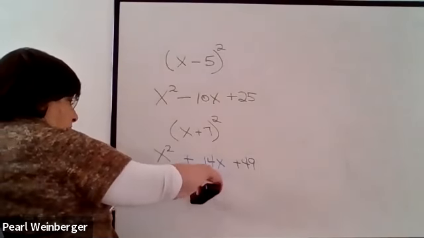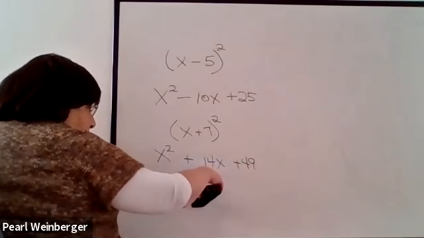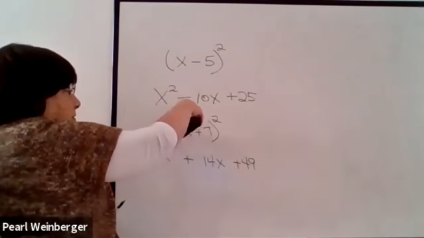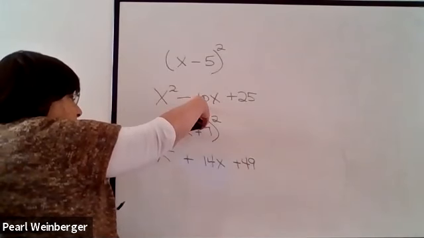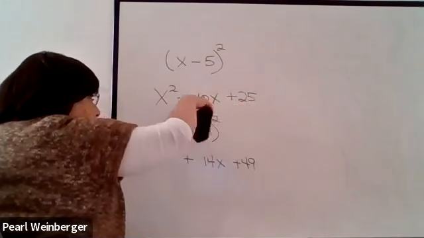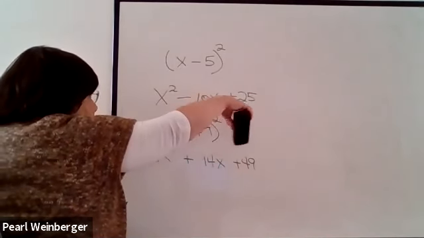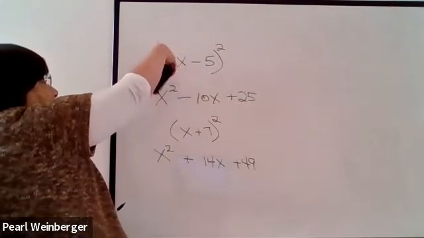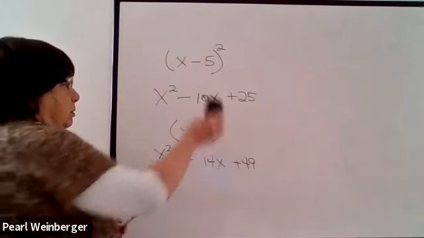If I see this 14, I know that the last number has to be half of that, which is 7 times itself, 49. Look at it over here. This middle number is -10. Then my last number has to be half of that, which is -5 times itself, which is +25. And on top of that, the binomial is x minus 5 squared.